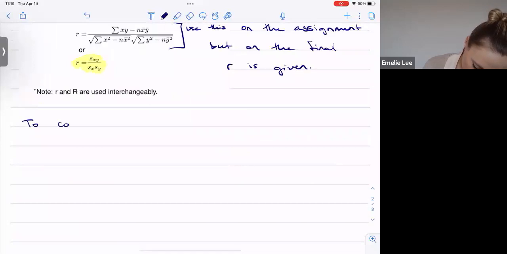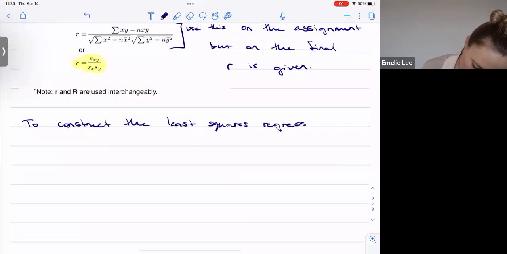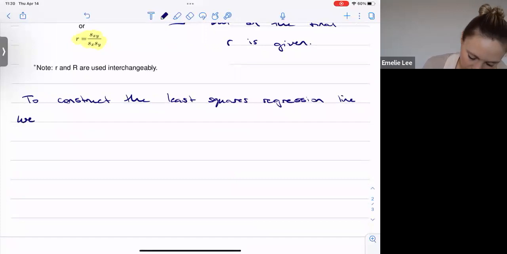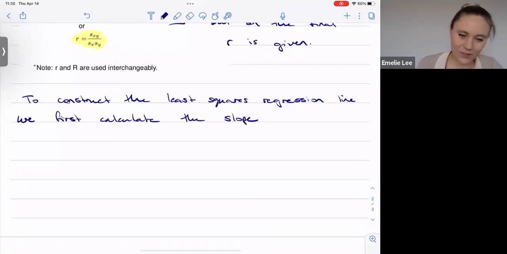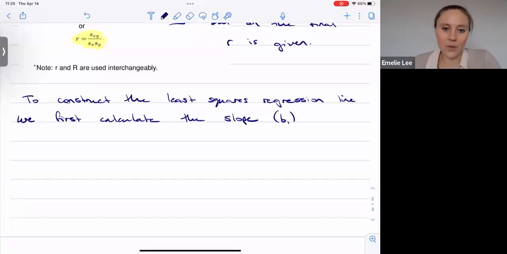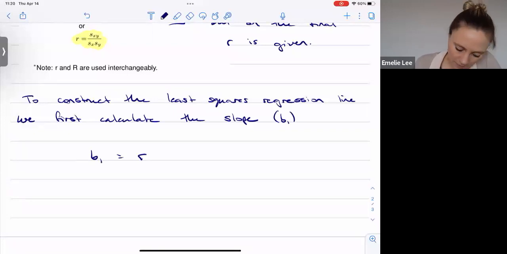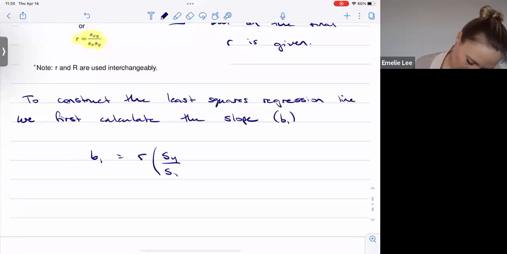To construct the least squares regression line, we first calculate the slope. Even though it's B1, which seems weird, that's just how we have to do it. So B1 is the correlation times SY over SX.